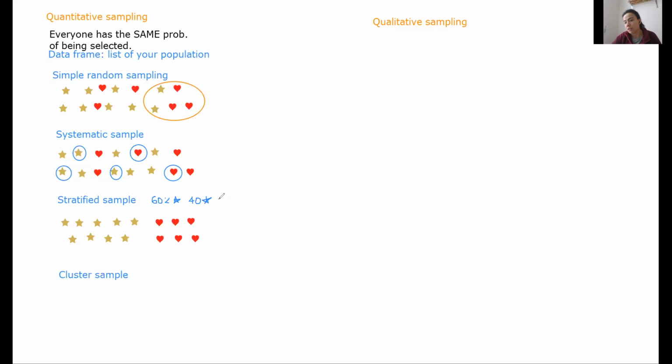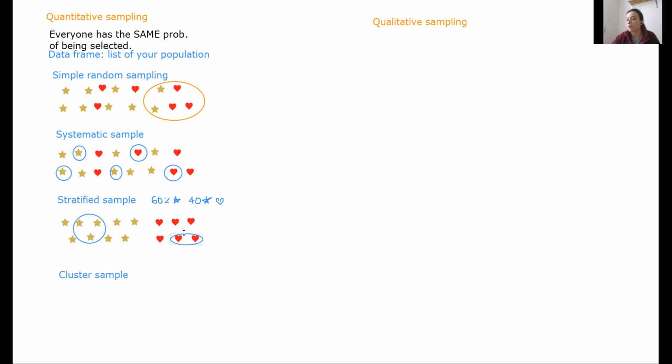Okay. And so what that means is that if I choose a sample, I need to make sure that this is proportionally represented in my sample. So for example, I'm going to choose 3 elements over here, and I'm going to choose 2 elements from my population of hearts, maybe like these 2 over here.